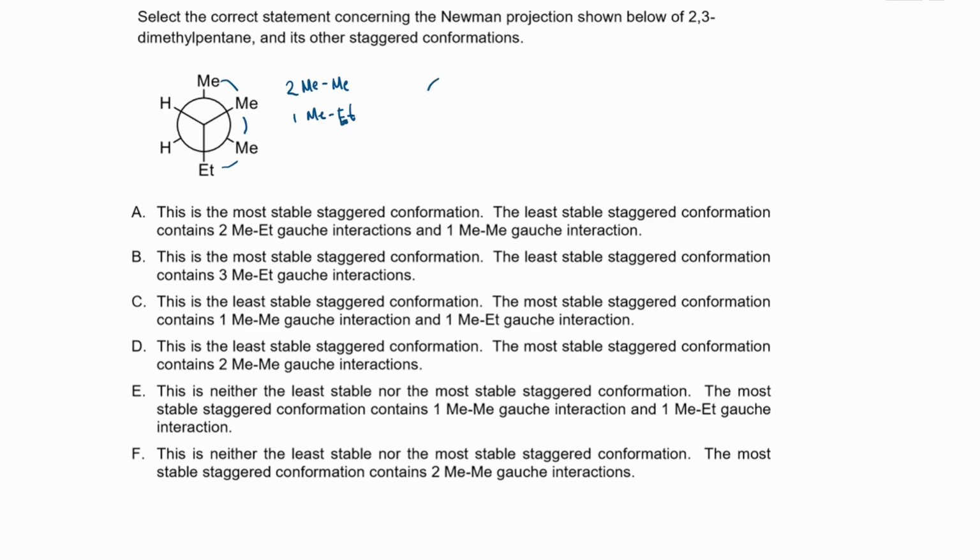Let's draw the 2 other possible conformations. I'm going to spin the back one. This used to be a methyl over here, I'm going to spin it to here. There used to be a methyl over here, I'm going to spin it to here, and then there's a hydrogen over here. So we got 1 methyl-ethyl, 1 methyl-methyl, 1 methyl-ethyl, and another 1 methyl-ethyl. So we have 1 Me, Me, and 2 Me, Et.